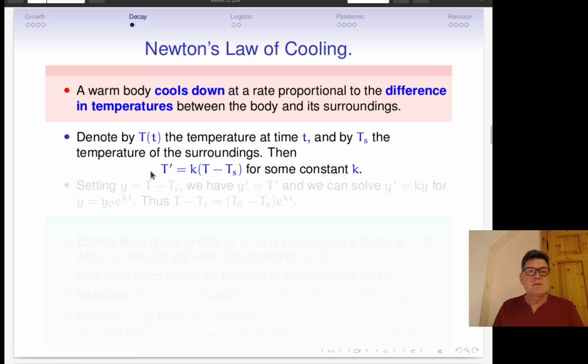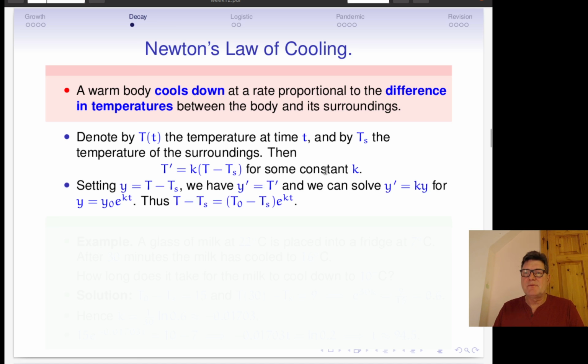The rate of change of the temperature, T prime, is proportional to the difference in temperatures between the current temperature of the body and the temperature of the surroundings. The constant k describes how this is proportional. And there's this difference rather than T itself in the equation. But that causes us no difficulties.